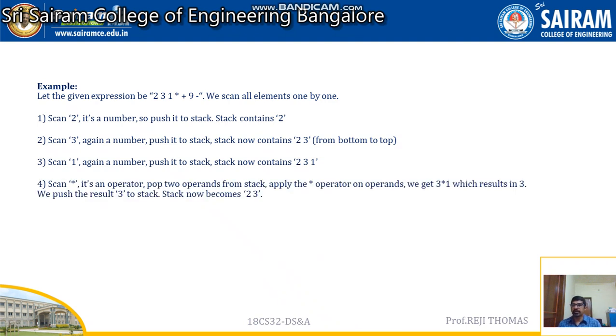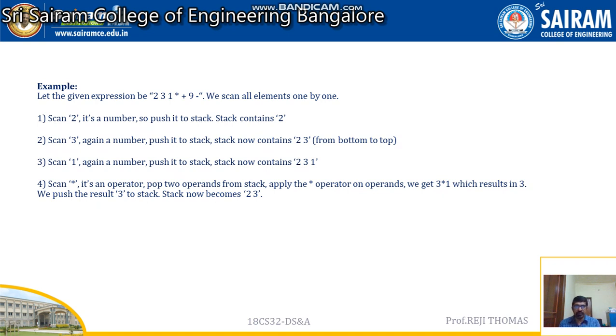Continue this. Now scan the next character, which is an operator. If it is an operator, you have to take out 2 operands from the stack. What is there in the stack? Stack is having 2, 3, 1. So you take out 2 operands.